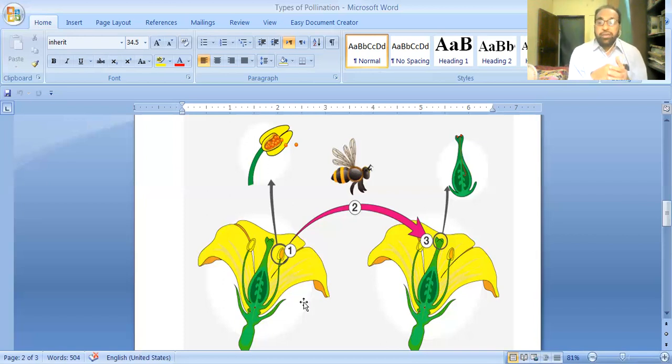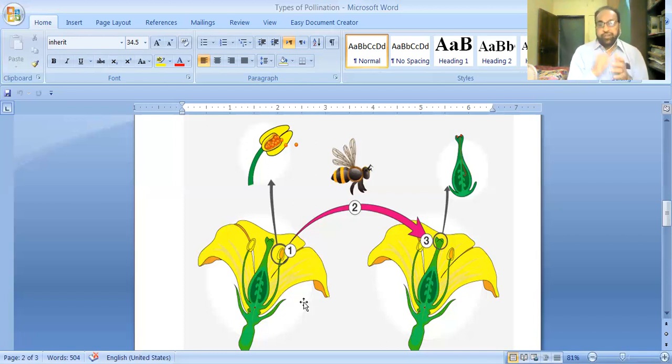So it receives pollen grain from another flower located on another plant. Ultimately, cross-pollination takes place. This condition is called protogyny. The most common example is Annona, custard apple, sitafal, sharifa. Another example is peepal. Another example is banyan.